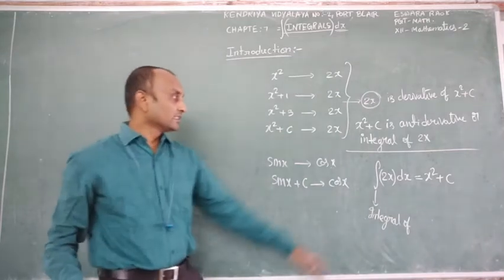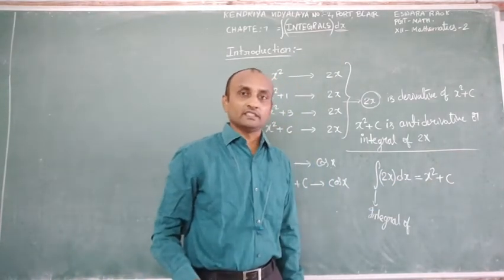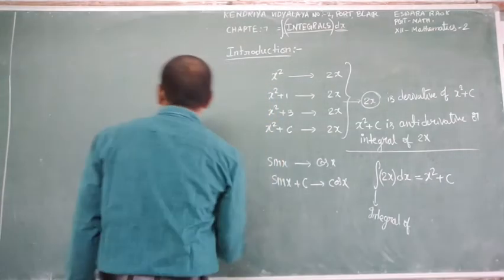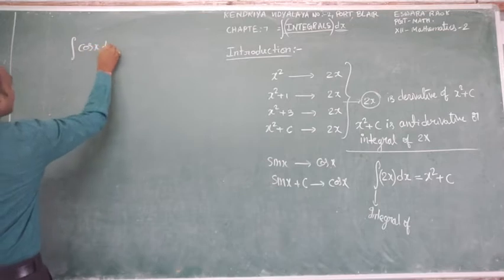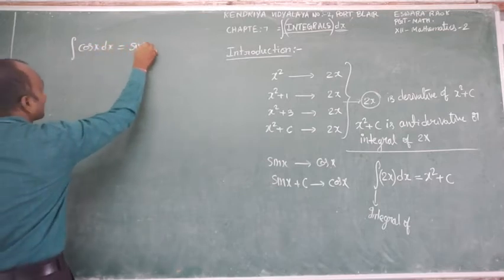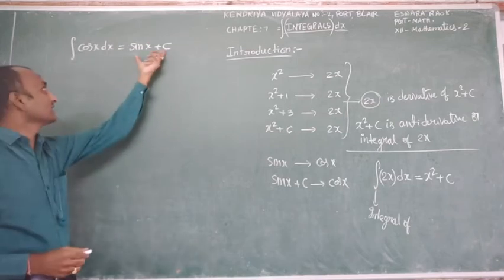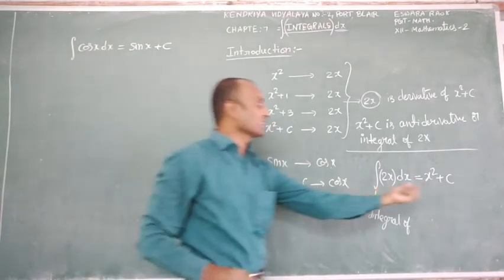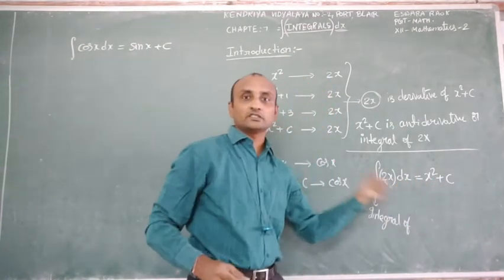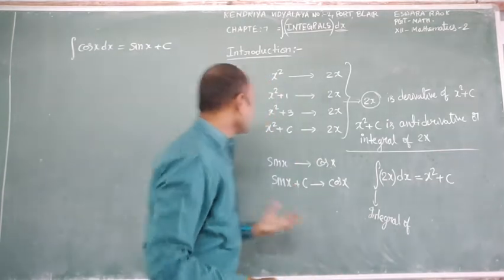Carefully look at this. Integration of 2x dx is x square plus c. Similarly, integration of cos x dx I can write as sin x plus c, because when I differentiate sin x plus c, I get cos x. When I differentiate x square plus c, I get 2x. That is the difference, integration.